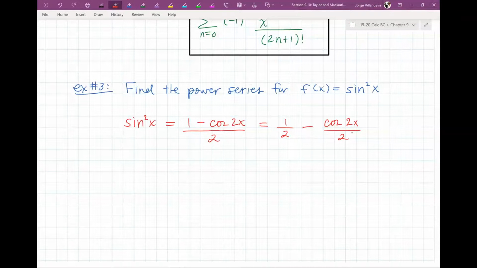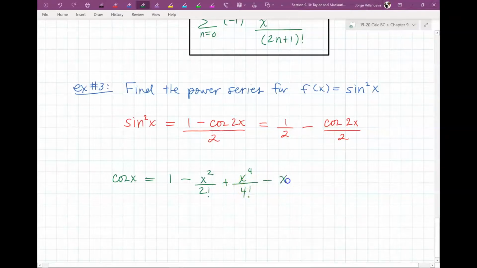So here we go. Start off with cosine of x. That's 1 minus x squared over 2 factorial plus x to the fourth over 4 factorial minus x to the 6th over 6 factorial plus etc. Okay, again, this is memorized. All right.